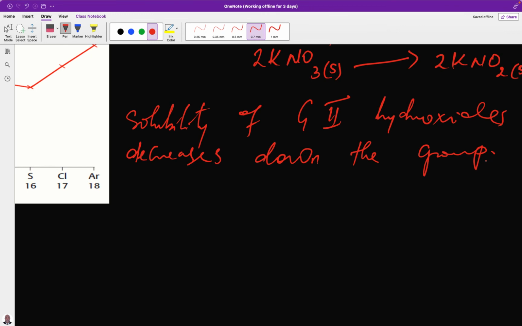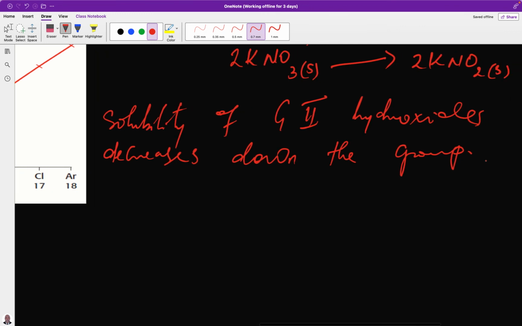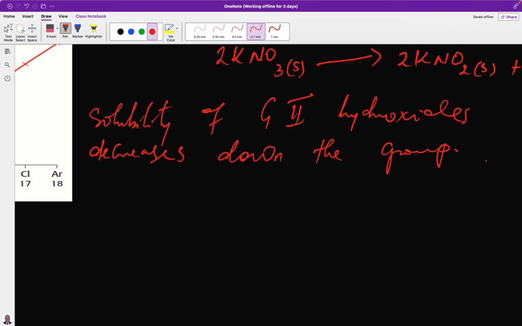As you go down, the atomic size gets larger. So we can say that it has a role to play in the ability of the hydroxides to dissolve. So we can now say the solubility of hydroxides of group 2 elements decreases down the group.